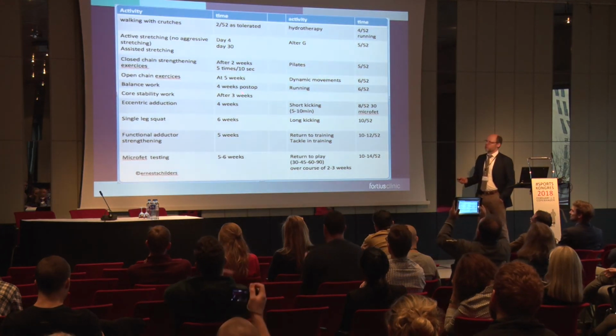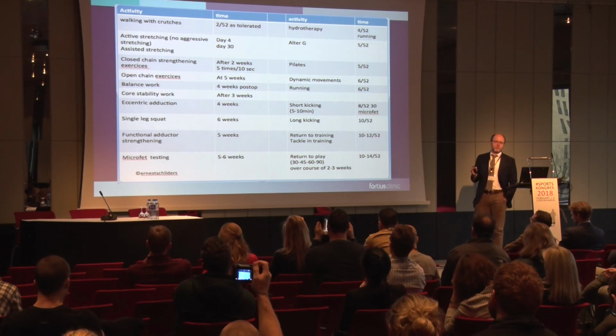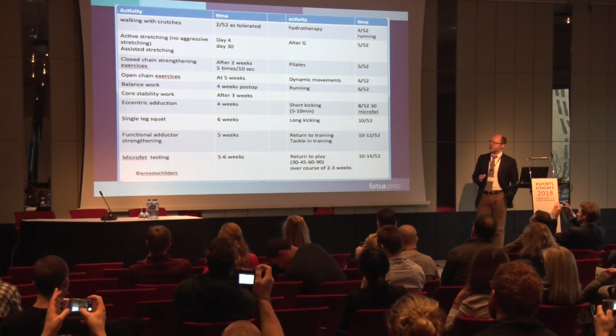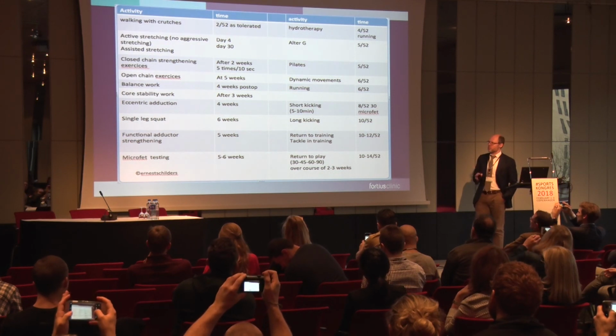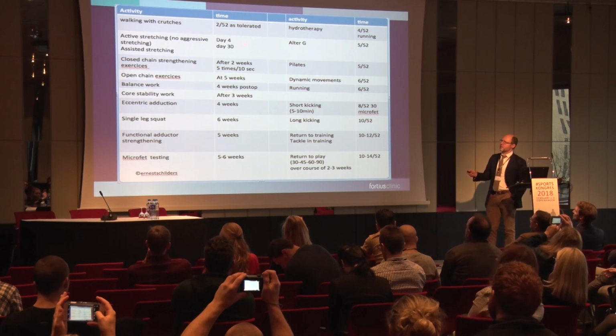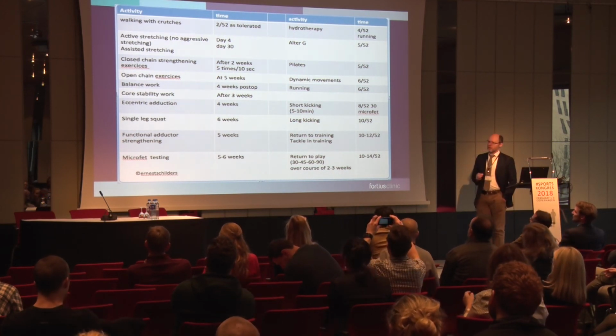So we use a post-operative rehab program. It's a bit of a consensus that we did with the medical and physio departments from the Premiership and Championship teams, just to get an idea of the stages and when we start to do what.